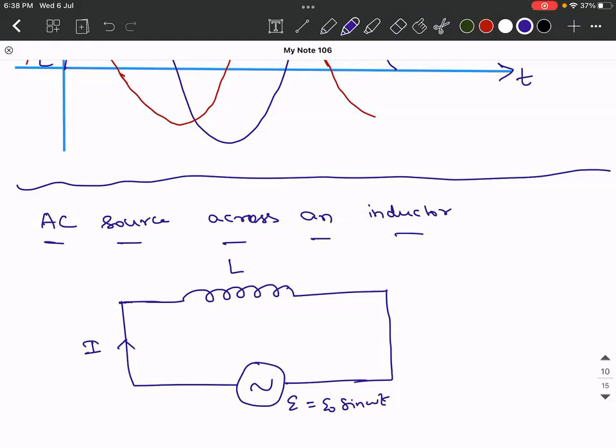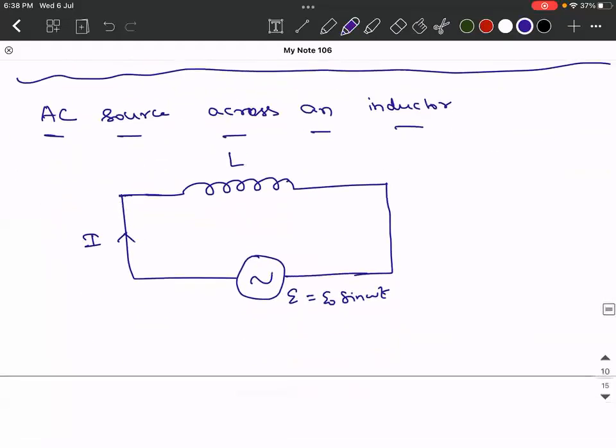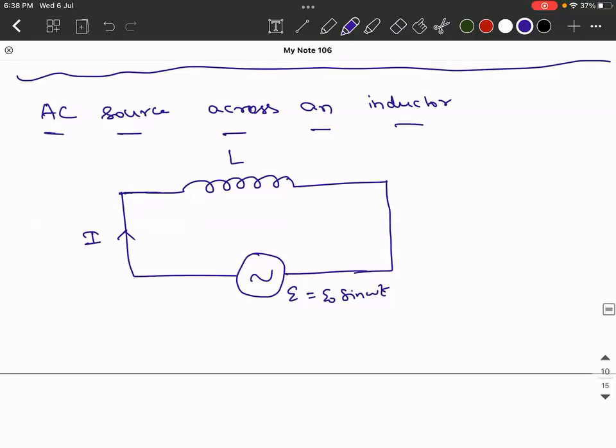So current is flowing through it, right? So think of this logically. The current that is flowing through the inductor, I, is alternating in nature. Is that right? When it is alternating in nature, then flux will change.